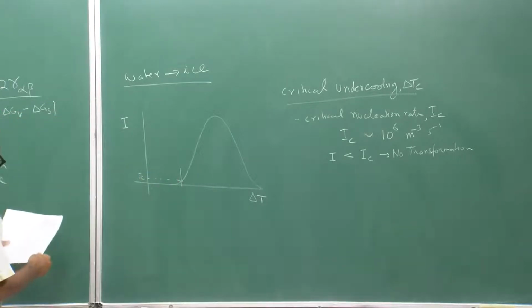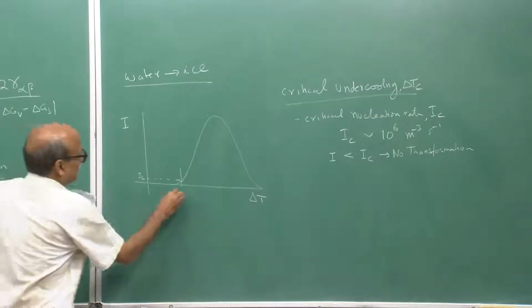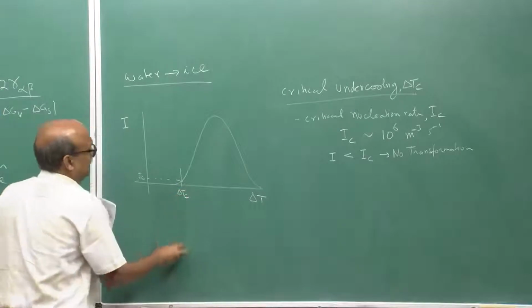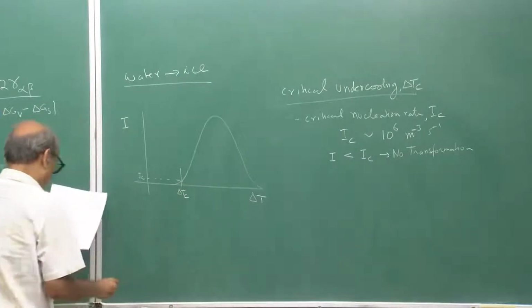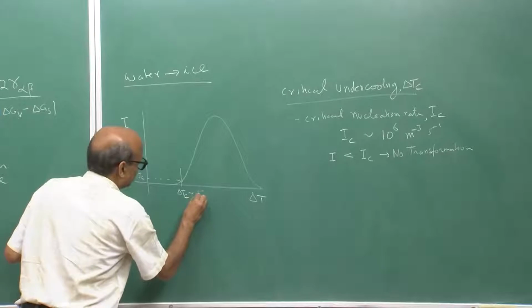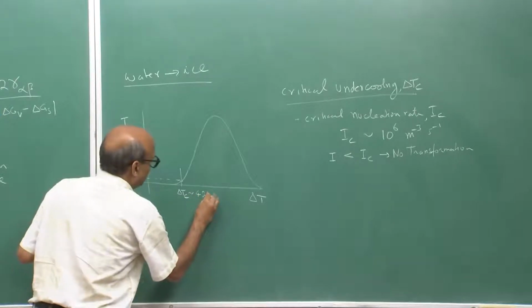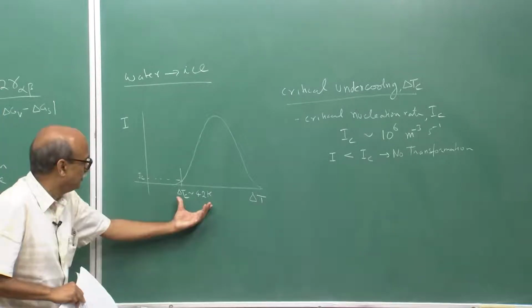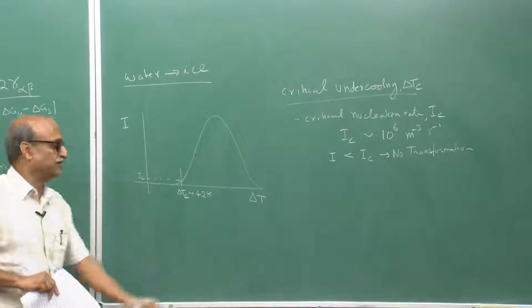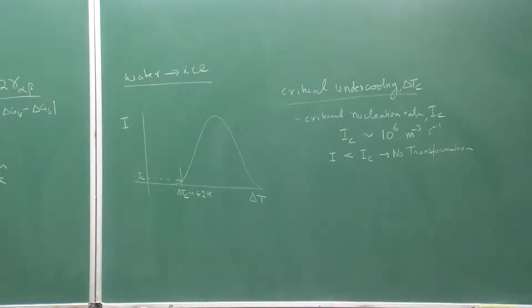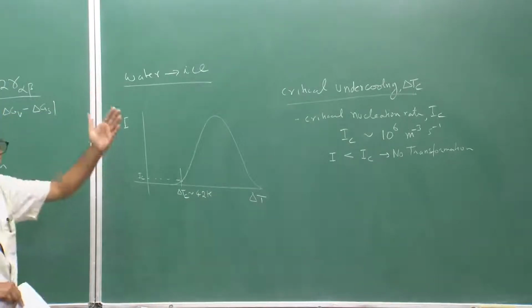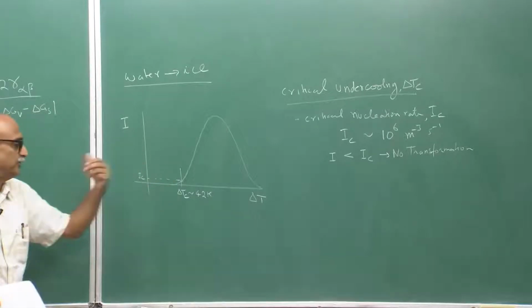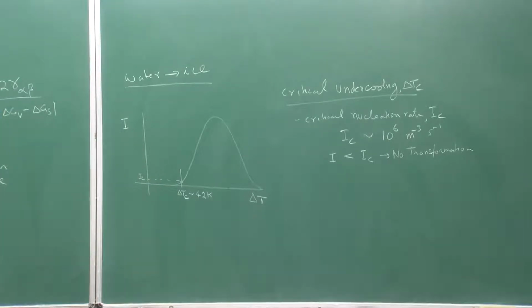and this for the water to ice system would give me a delta C, which is of the order of 42 Kelvin or 42 degrees centigrade in this case, it does not matter what scale you use, because you are looking at the difference in the temperature between the temperature of transformation and the temperature at which nucleation is taking place.